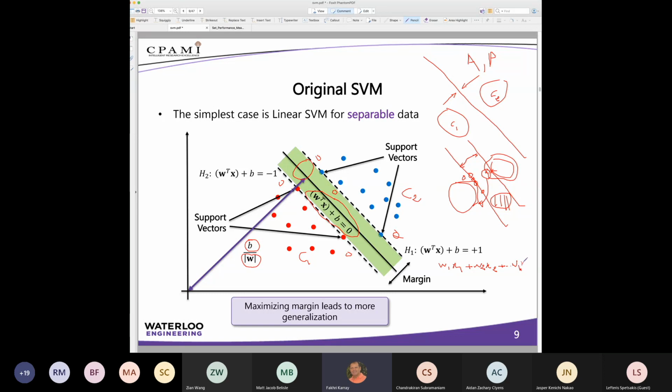Omega is represented in vectorial form as composed of omega 1 to omega n, and we simply take the transpose of this vector in order to have omega transpose times x plus b equal to plus 1, because this is a scalar representation. So it's omega 1 x1 plus omega 2 x2. This is basically what we have in this particular region here.